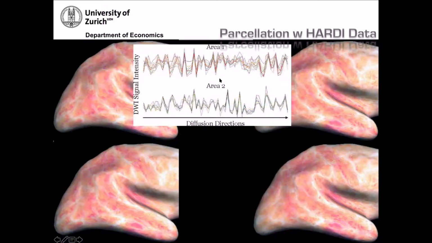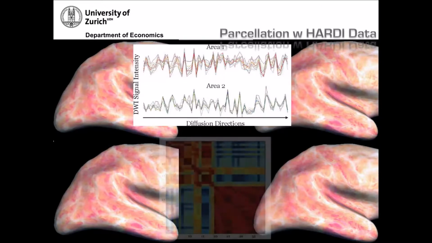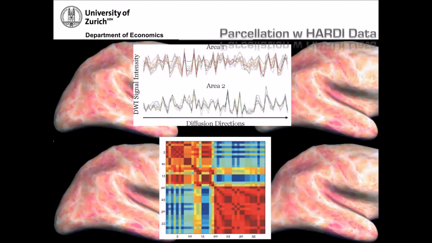As I said, this is not enough yet, because even if area 1 and area 2 were identical tissue, but one was rotated a certain angle relative to the other, even the identical tissue would show you a different evolution of the diffusion signal, because relative to the diffusion encoding directions, they will be differently oriented. So you have to deal with that somehow. And I don't want to get into the details, but that's what the paper accomplished that I mentioned earlier. Yeah, that's just to show the correlation matrix, the same idea.